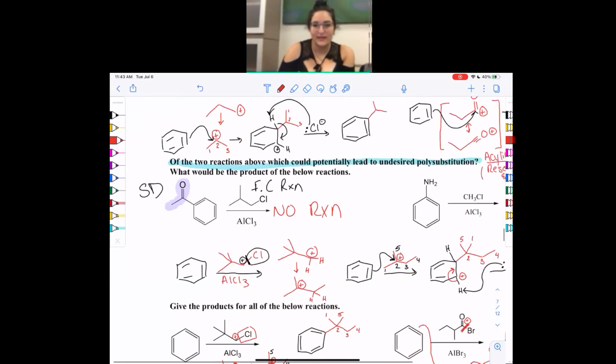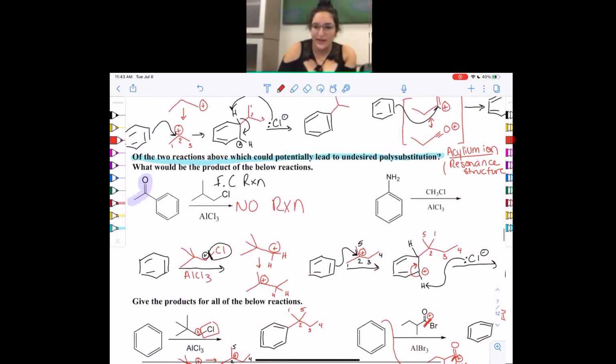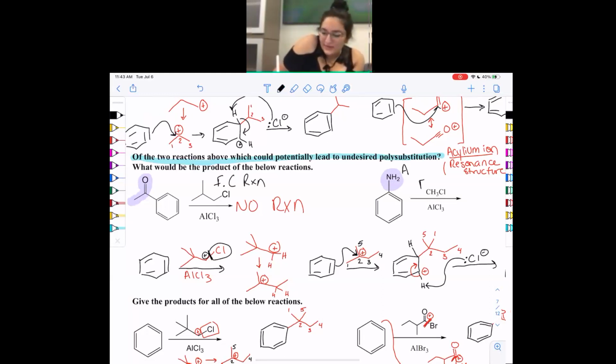The same exact thing can be said over here, except now we have NH2, and we know that NH2 is an activator. However, this is one of those exceptions. Friedel-Crafts does not happen with NH2.